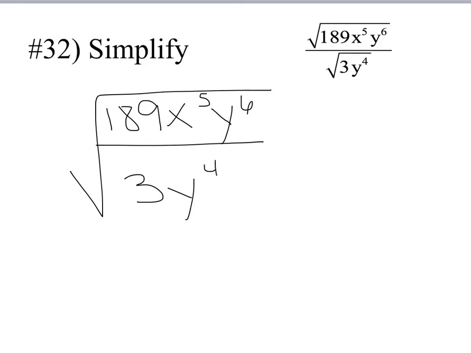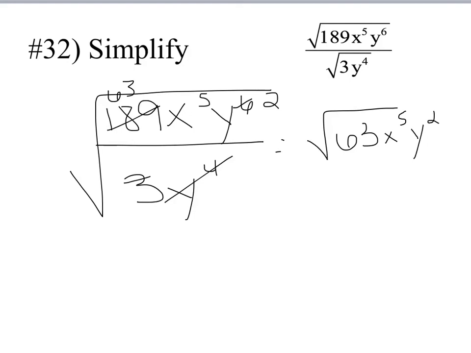And I'm going to reduce anything I can. Okay, y to the 4th is going to reduce my y to the 6th to y squared. 189 divided by 3 is 63. So I can reduce this to 63. So then I have the square root of 63 x to the 5th y squared.